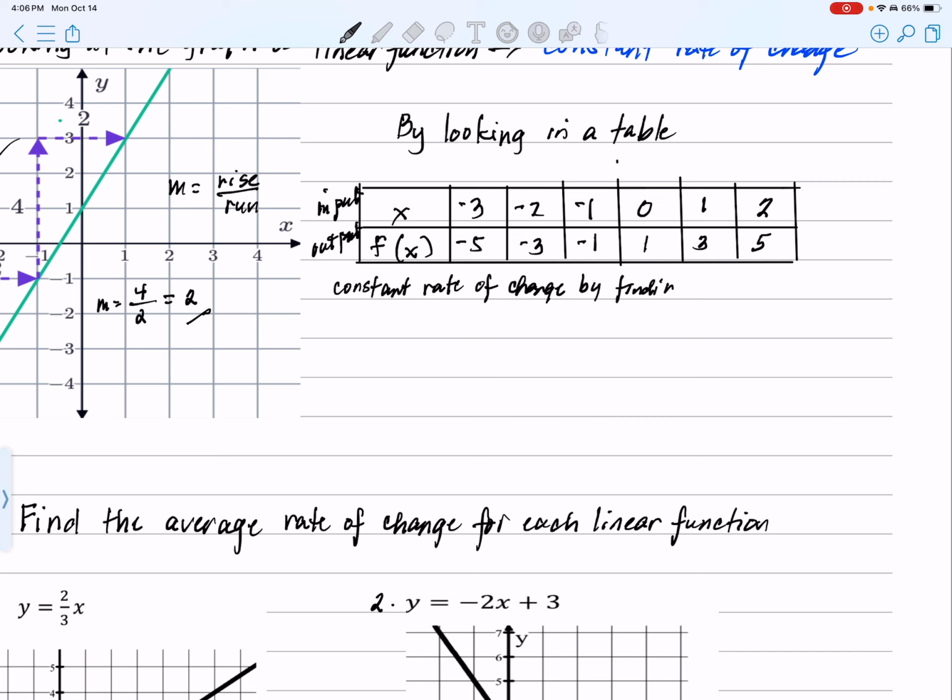By finding the first difference. If it's in the table, where do we get those differences? Between the output values, the f of x, right here.